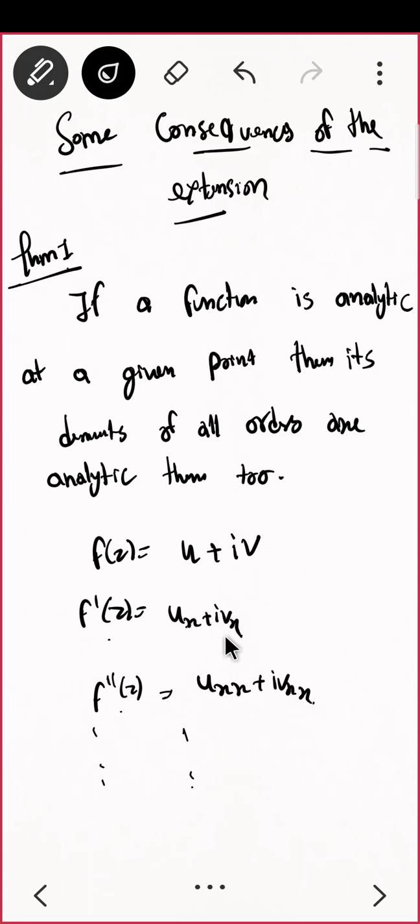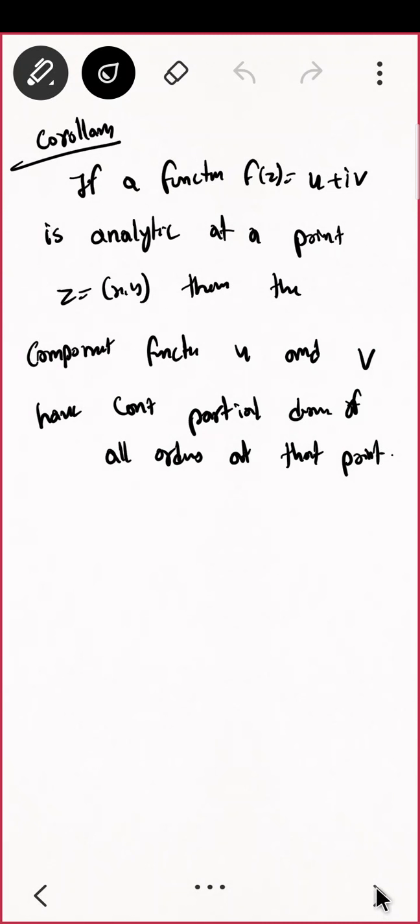By using Cauchy-Riemann equation, I can get ux equal to vy, uy equal to minus vx. So I can get all the partial derivatives. They are continuous and of all orders, whatever order 2, order 3, whatever it takes. Right? Okay. So this was easy.